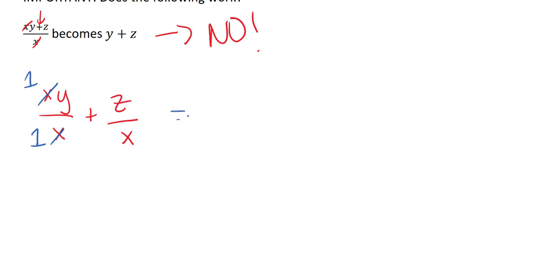But then we have y plus z over x, because we don't have an x on top with the z. So therefore this doesn't work. We have to be really careful that we don't make these kinds of errors in our problems. So let's go over a few examples.